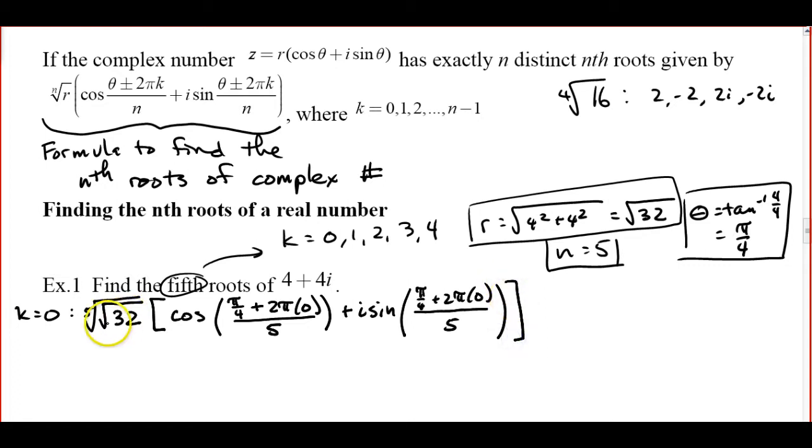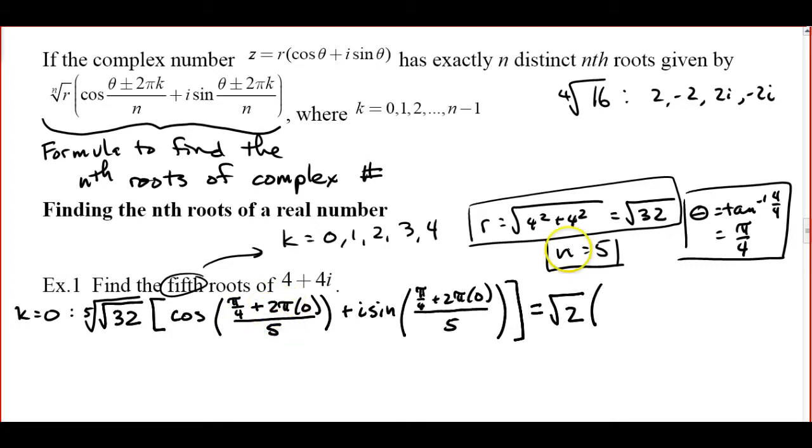So the fifth root of the square root of 32 is going to be the square root of 2. And if we simplify all of this, I have pi over 4 plus 0 over 5.